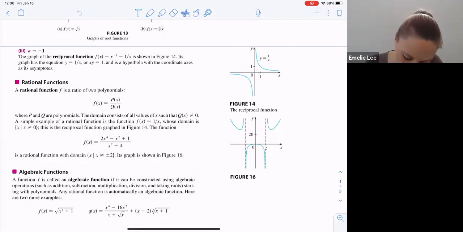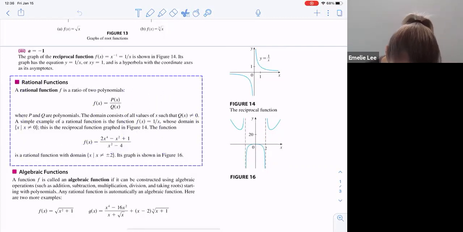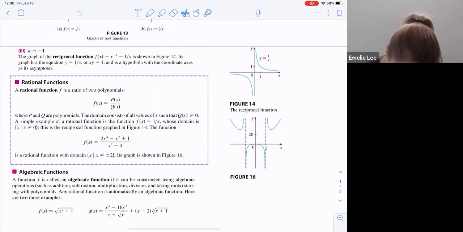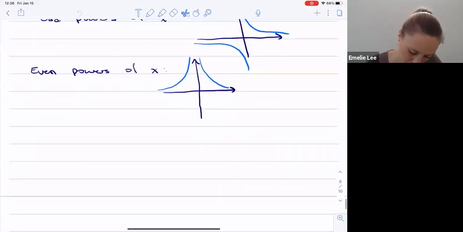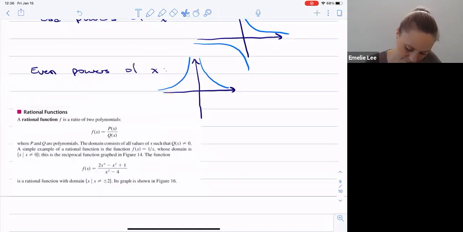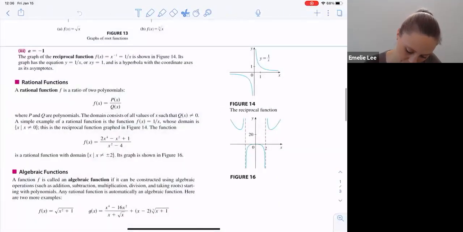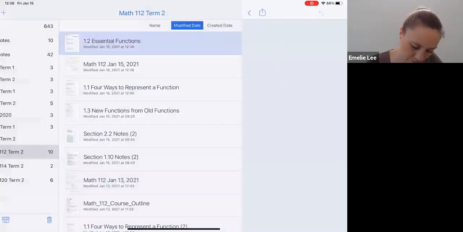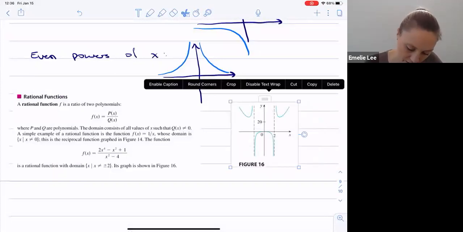So rational functions, yeah, let's bring it all in. Why not? For completeness sake, I'm not drawing that, right?